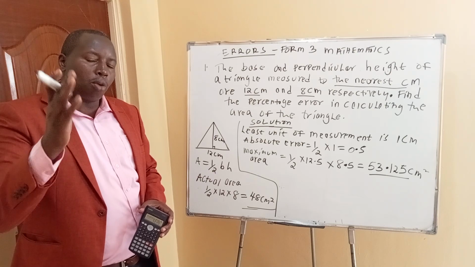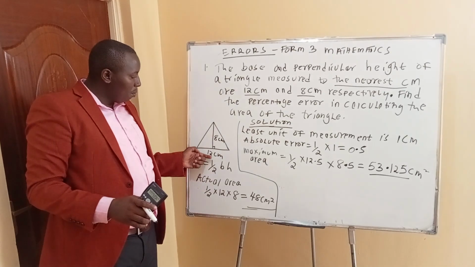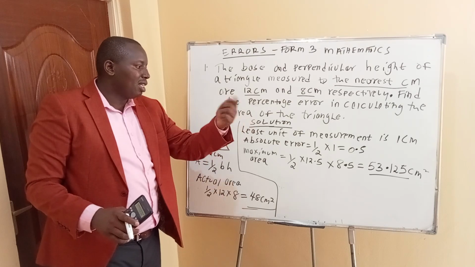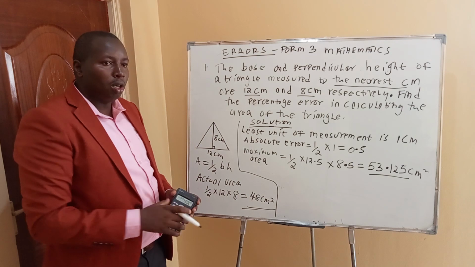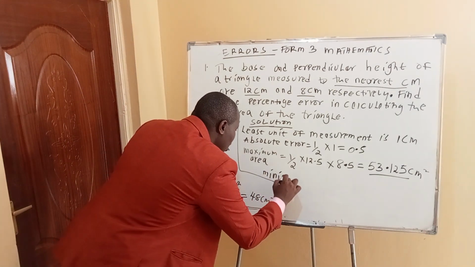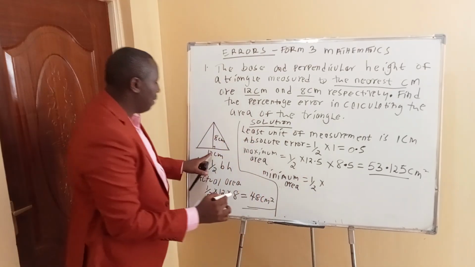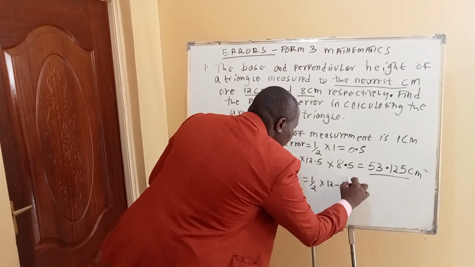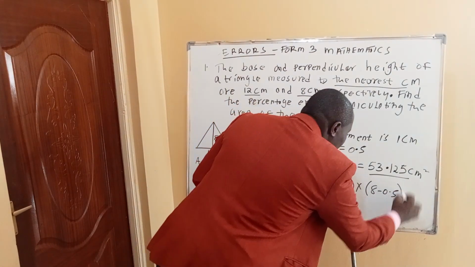Then you go to the minimum. For the minimum, the base and the height are measured to the nearest 1 centimeter, so the absolute error is 0.5, and you subtract 0.5. So the minimum area will be a half times the minimum base, 12 minus 0.5, times the minimum height, 8 minus 0.5.